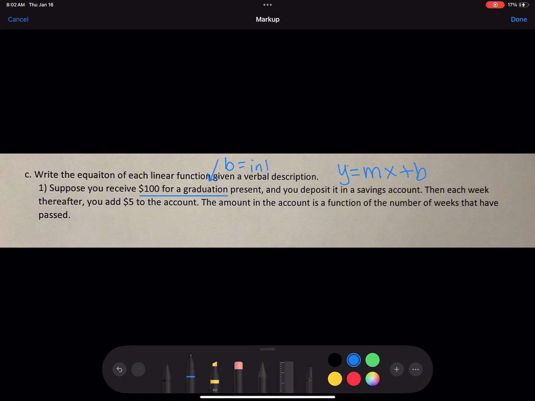That is our b value because it's our initial starting value. So remember, our b value means the startup. And our rate of change is going to be $5 because you're putting it in each week. So my equation is going to be 5x plus 100.